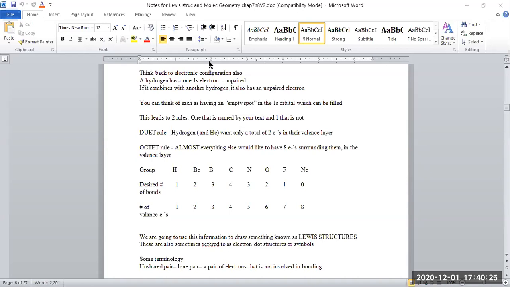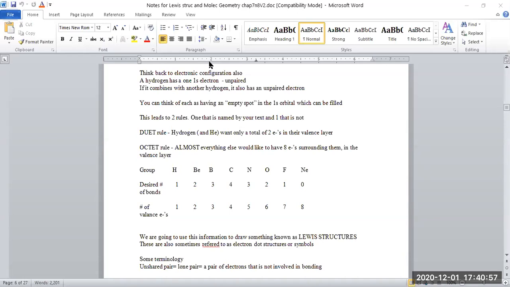You either give away the 4 you've got, or you steal 4 from somebody else, or more likely you share 4 with some other atoms. And then you head back down. Nitrogen, phosphorus, sometimes arsenic, like to make 3 bonds most of the time. Oxygen generally makes only 2. Halogens most of the time make only 1.